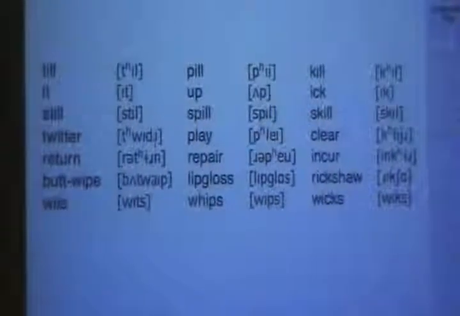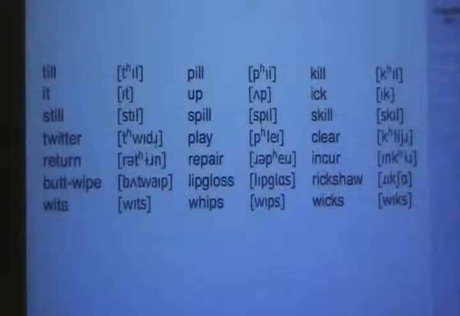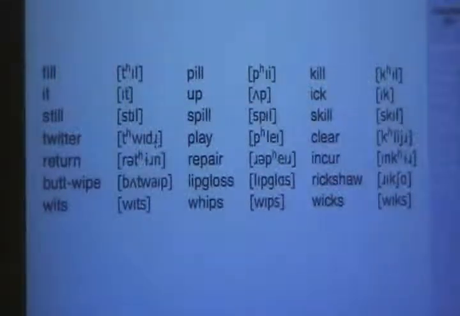Now, what would be evidence that two sounds or groups of sounds are allophones? Well, let's go back. If we were not English speakers and we were confronted with the task of figuring out whether aspirated pa is an allophone or a different phoneme from unaspirated pa, how would we figure that out if we didn't have an English speaker around to ask?